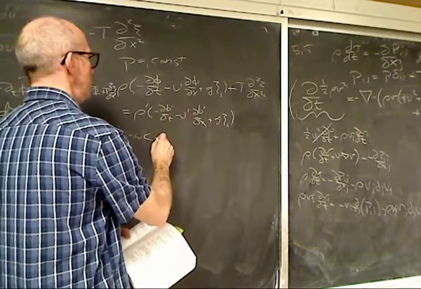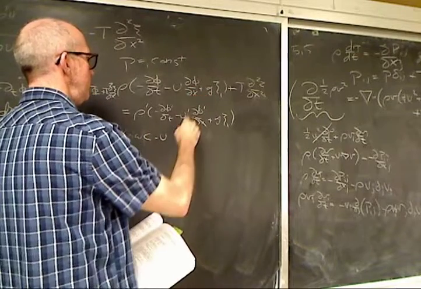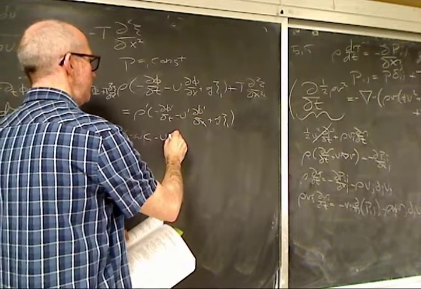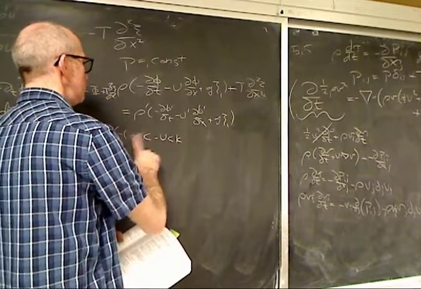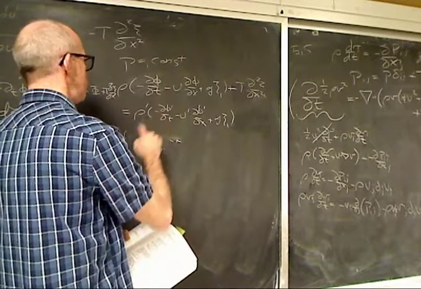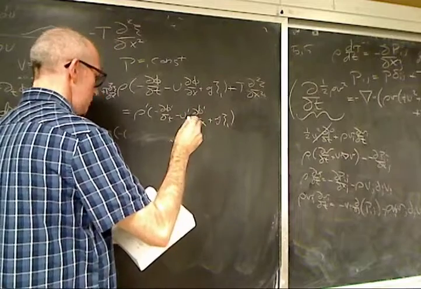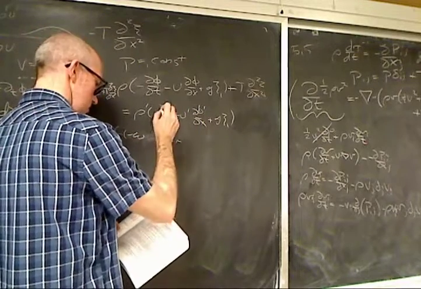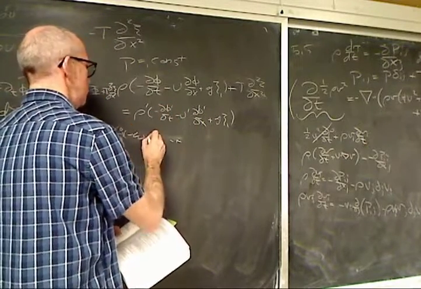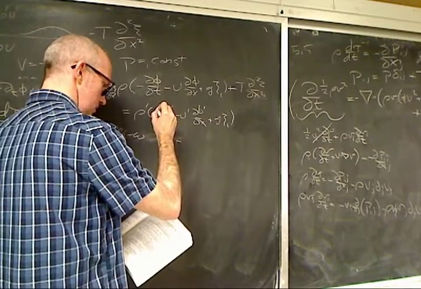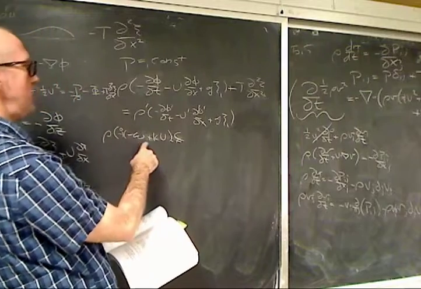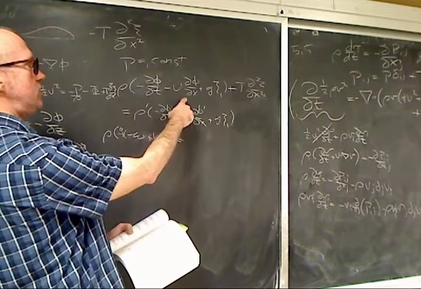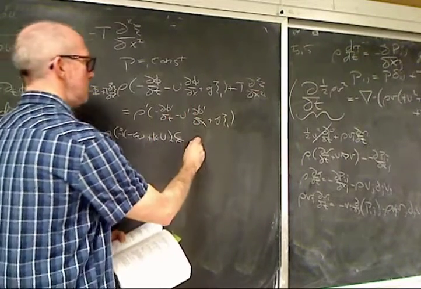And then I get a minus u, and then a dφ/dx, and that gets c times ik. So let's simplify this whole term. Both of these are minus ω plus k times u times c. So I get an ω, a k, a u, and a c. That's from these two things.